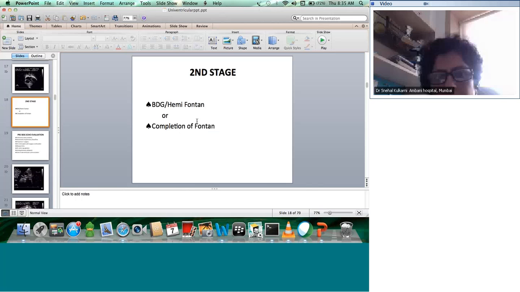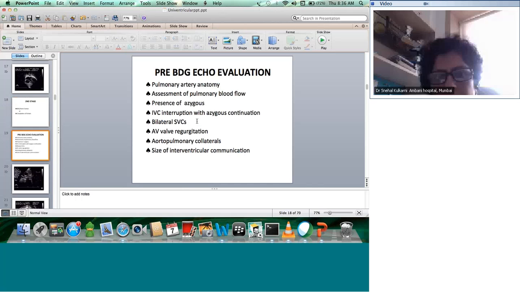But usually after the first stage, the second stage is either a bidirectional Glenn or a hemi-Fontan, and as I said, usually we prefer to do it by 6 months to 1 year of age, just to unload the left ventricle. Now this is one of the very important steps, because it's a cavopulmonary anastomosis, and everything will depend upon your sizes, flows, resistances.